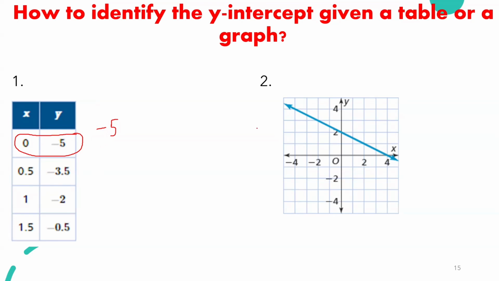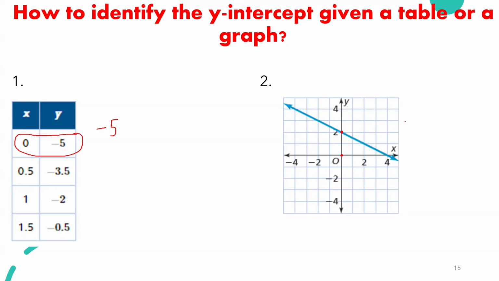Now, looking at my graph here, is my y-intercept going to be positive or negative? It's going to be a positive y-intercept. Why? Because the line crosses the y-axis above the origin. So now, what is my y-intercept? My y-intercept is right here. This is where the line crosses the y-axis.